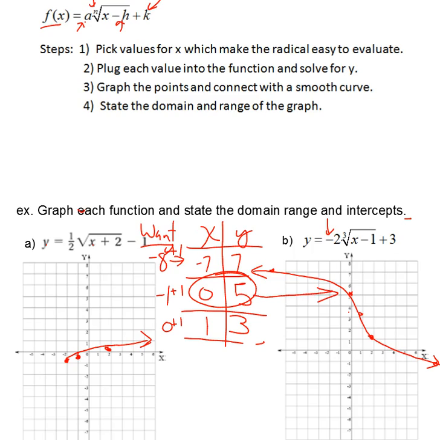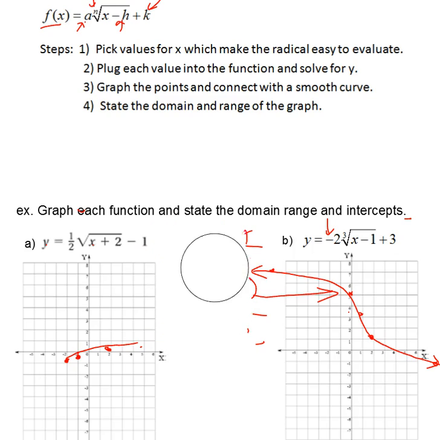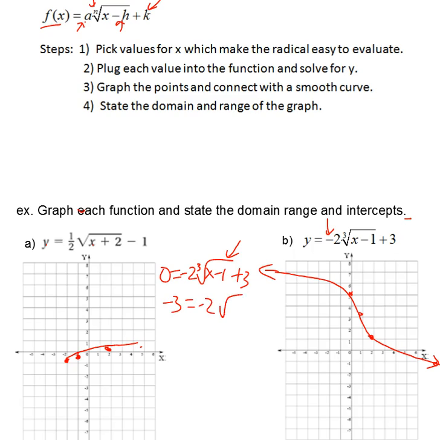Now, to find an x-intercept, what do I do? Don't you plug 0 in for y and solve for x? So let's do that math. Okay? So to find the x-intercept, I get 0 equals -2 times the cube root of x minus 1 plus 3. Well, again, now I'm just using my equation solving skills. I have to isolate the radical, so I subtract 3. I divide by -2.